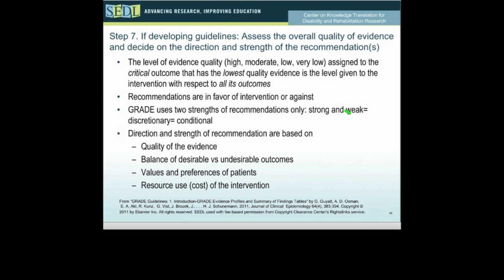And in making your selection, you look at the quality of the evidence, the balance of the desirable versus the undesirable outcomes, the values and preferences of clients and patients, and the resource cost of the intervention.